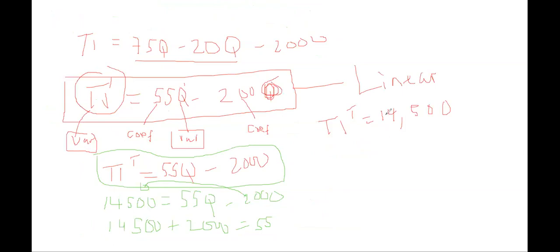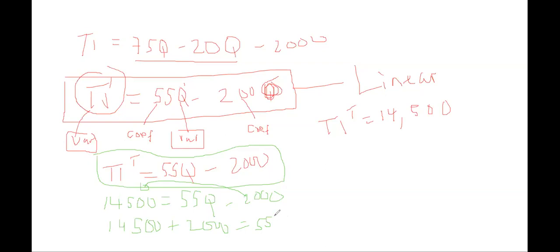This is 14,500, and it will come here. So 14,500 plus 2,000 is 16,500. Right here, we are on the right track.